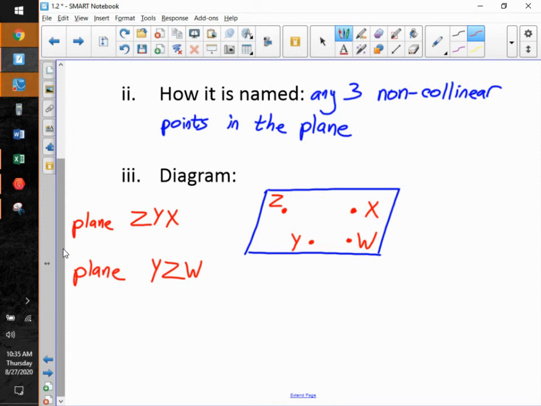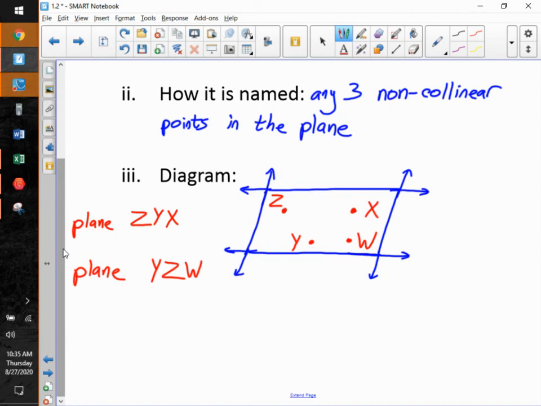The parallelogram has borders, and those are the 4 blue line segments that we drew around the outside. If Mr. Fontana were in charge of the world, which I'm not, I would actually draw a plane this way, and I would make you guys extend and put arrows at each end of these lines that we drew here. And the arrows would indicate, and I was hoping people would understand, that this thing goes on forever.